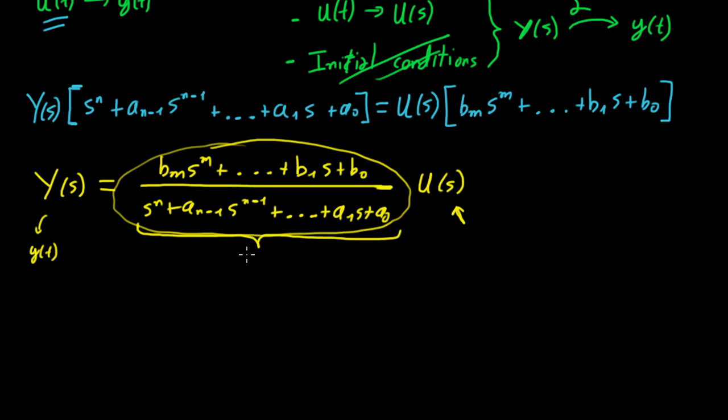Well, this function which is multiplied by the Laplace transform of the input is called the transfer function, and we usually denote it with G of s.